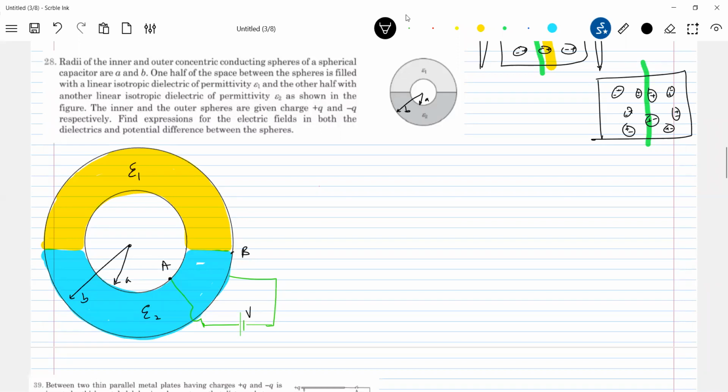Now how will the electric field vector be? This is like a boundary between the slabs. So the electric field vector here will be like this, and in this region too.